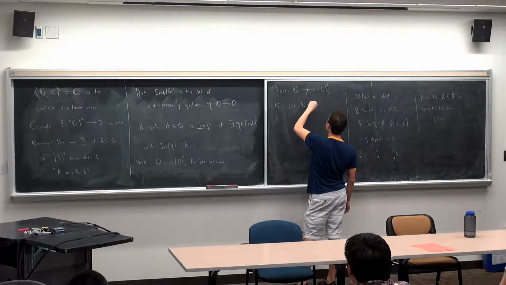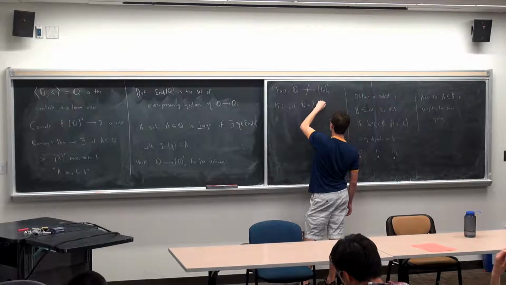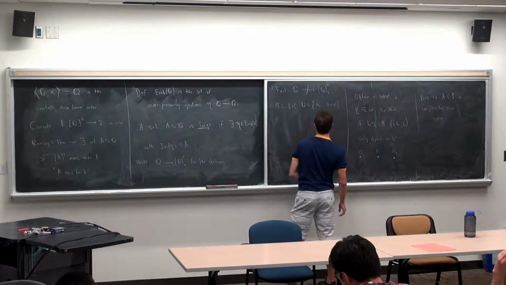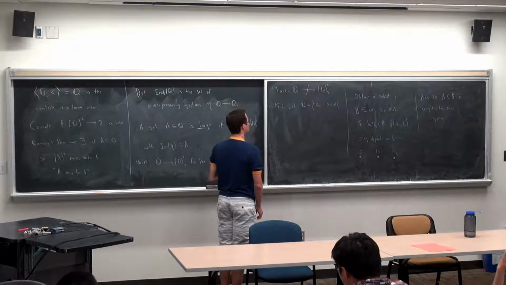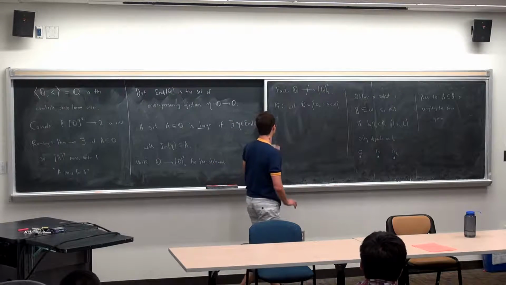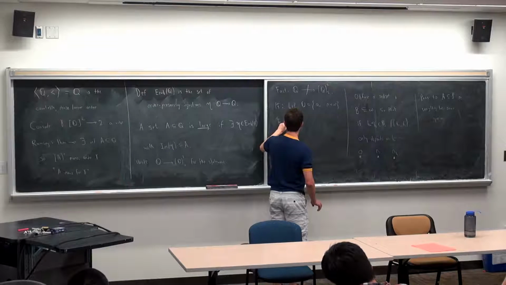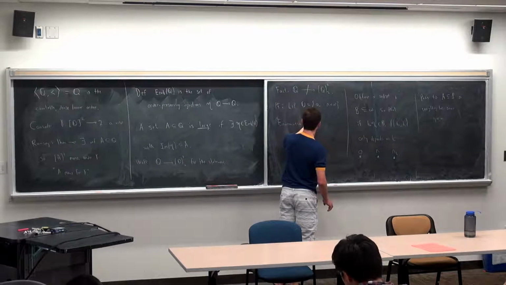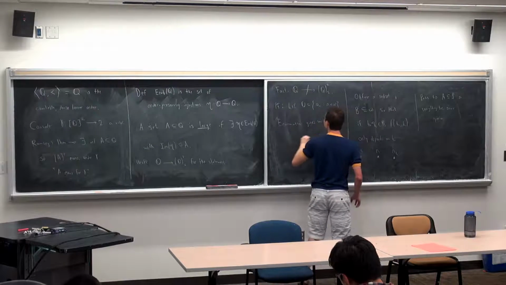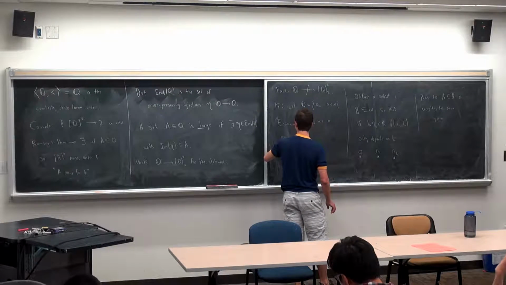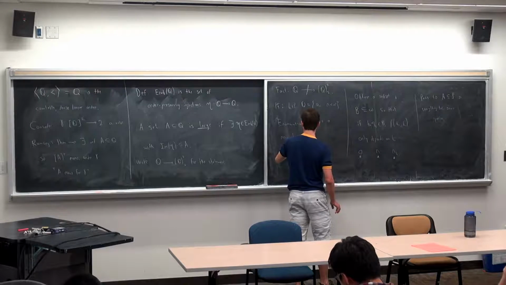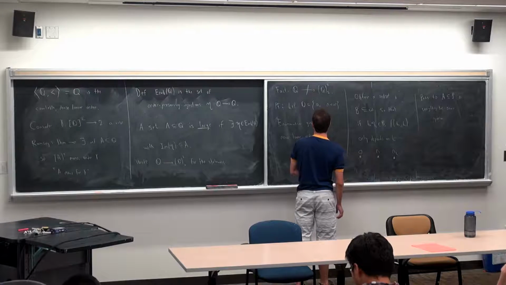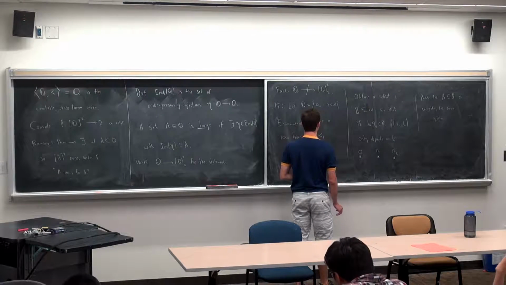Let's enumerate Q. I can think of this enumeration as giving us a new linear order. I should have given this enumeration a name.